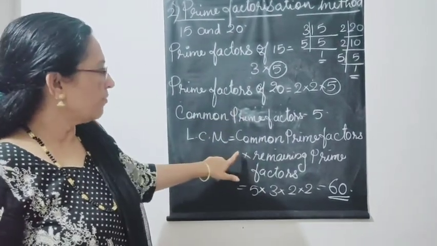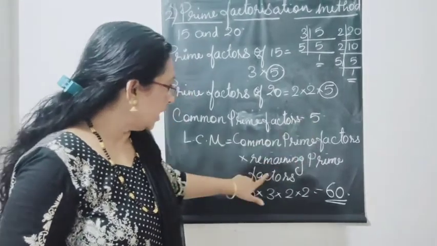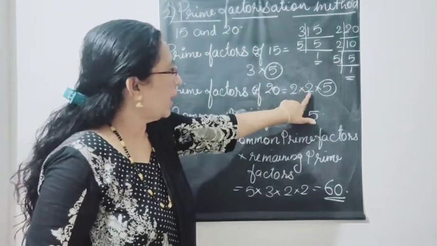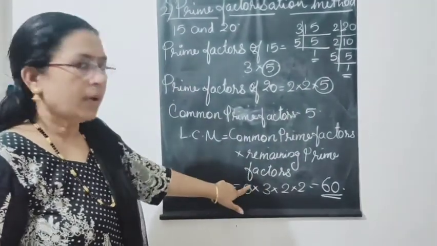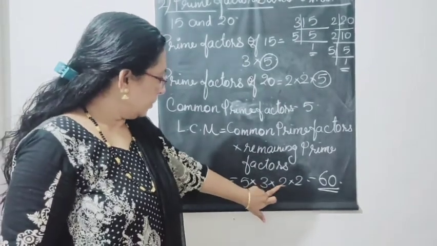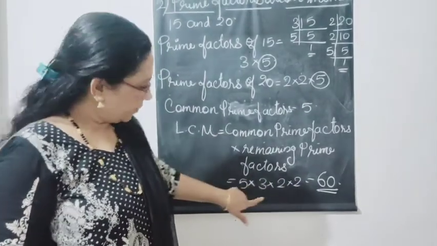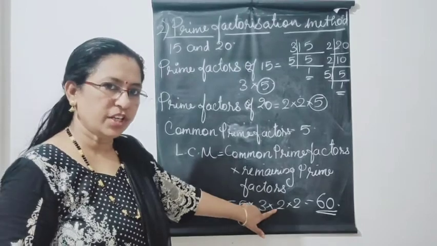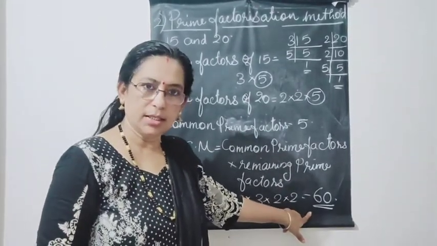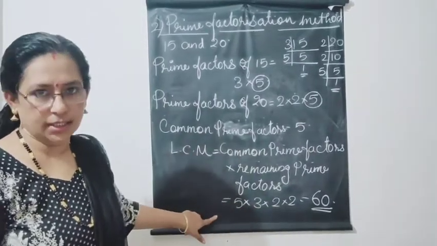Here the common prime factor is 5 and the remaining prime factors are 3, 2 and 2. Then multiply all these numbers: 5 times 3 times 2 times 2. 5 threes are 15, 15 twos are 30, 30 twos are 60. So the LCM is 60.